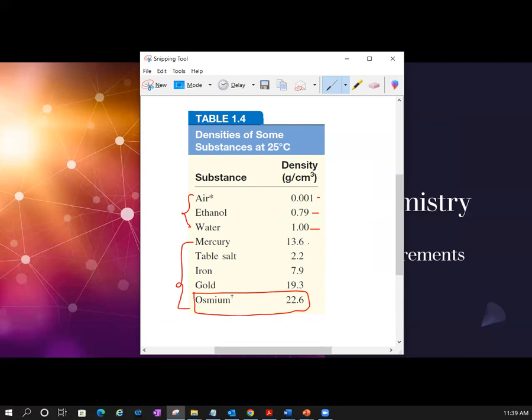Kung i-arrange mo itong limang to, ang pinaka-least dense sa kanila ay itong table salt, followed by iron, then followed by your mercury, then followed by your gold, then the densest of them all is osmium. And osmium, as I will repeat, is the densest element known.